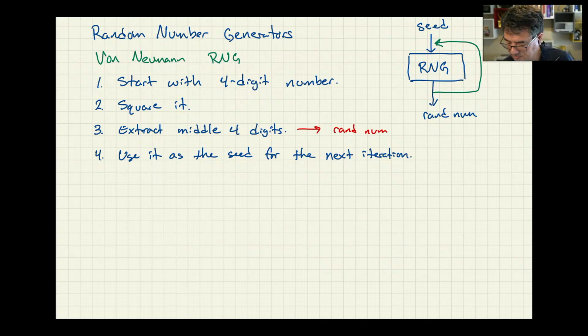Let's do an example. Give me a 4-digit number, just off the top of your head. Like 1,526. Okay, so we're going to square that number.